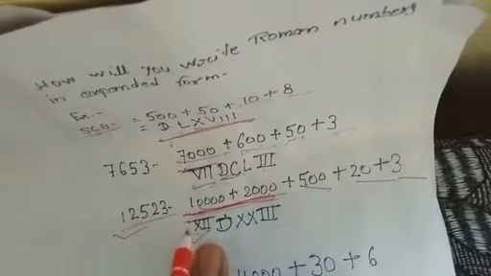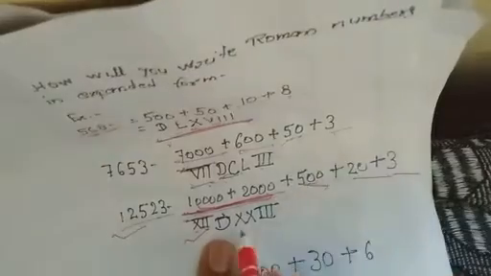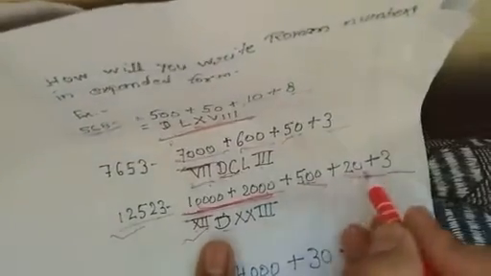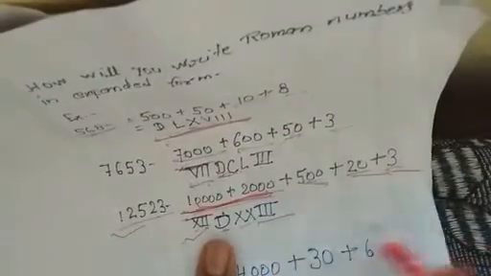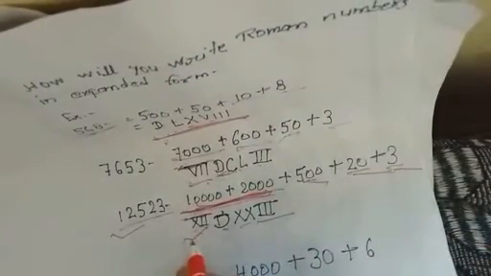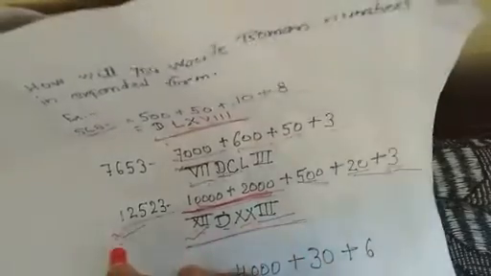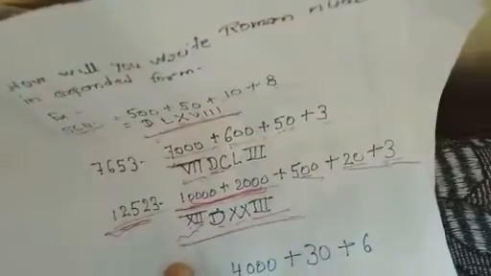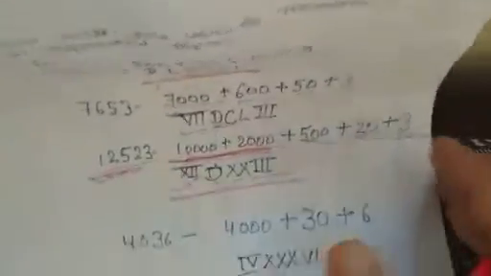Means bar X double I, Roman number of 500 D, Roman number of 20 double X, Roman number of 3 triple I, means bar X double I D double X triple I, okay. It will be 12,523. Is that clear? Next question.